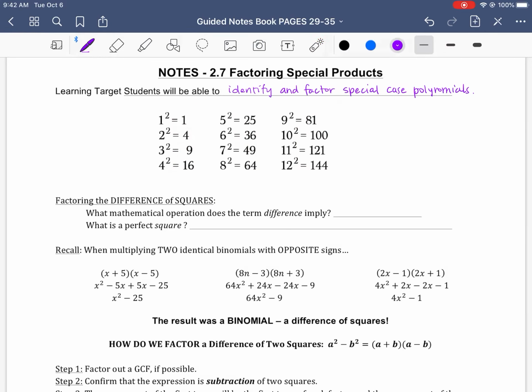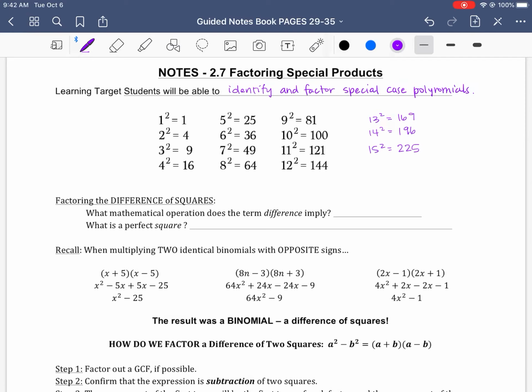Those are ones that we should know. And then other common ones are 13 squared is 169, 14 squared is 196, and 15 squared, 225. So those are the ones that we're going to go up to. For the most part, you could make a list of a couple others if you wanted to.